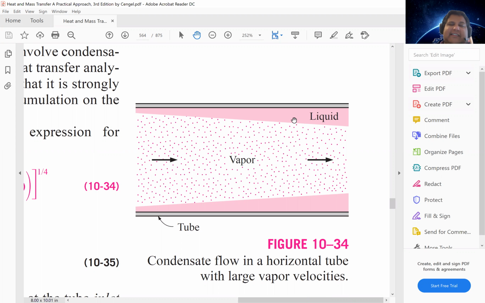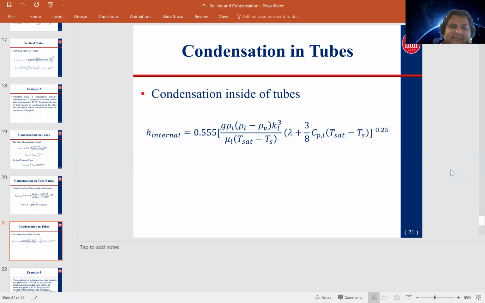This is going to be wildly inefficient as compared to condensation on the outside of a tube. So that's why, even though we have this equation, it's in the lecture notes to let you know it's there, I wouldn't recommend setting up your system to condense within a tube.